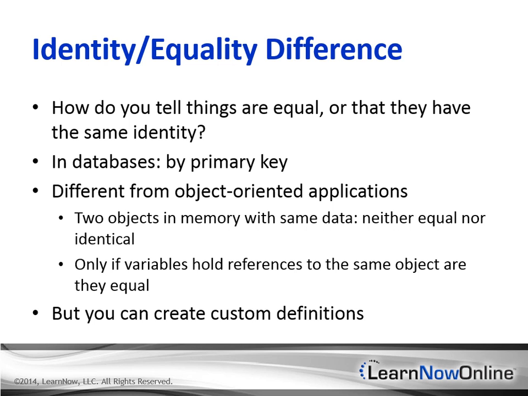You could, however, define what equality and identity mean for custom objects in your application. For example, you could define a method that compares the values of each of the properties of two objects and declare them equal if all of the properties are equal. But this isn't as easy as it sounds, because object property types can themselves be objects.